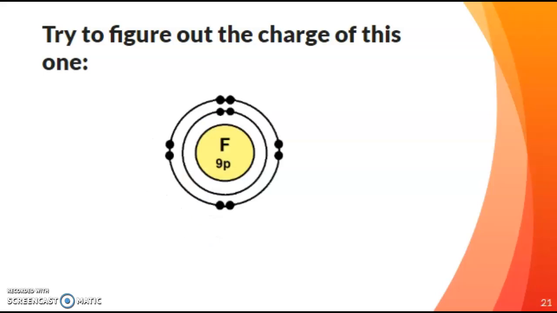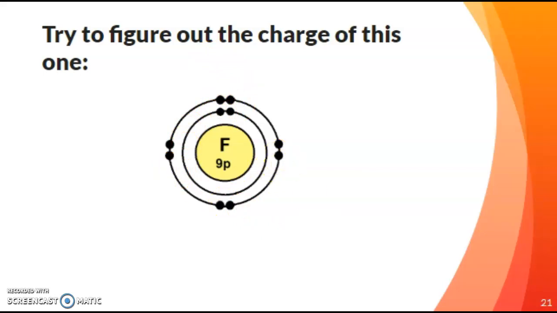Okay, let's try this one. Here's fluorine. I didn't give you one with a drawing of the protons and the neutrons because there's a lot in there, and it would get kind of crazy. But fluorine has 9 protons and 10 neutrons. Remember, we don't care about the neutrons because they don't have a charge. Fluorine has 9 protons, 9 pluses. Then let's count up our negative electrons. 2, 4, 6, 8, 10.